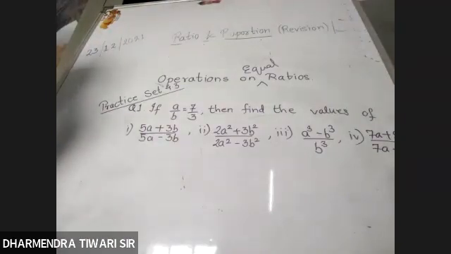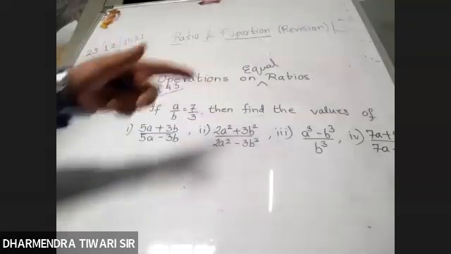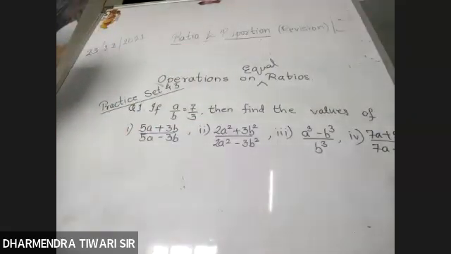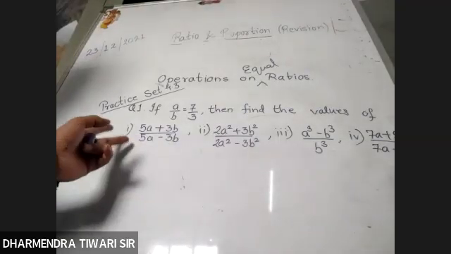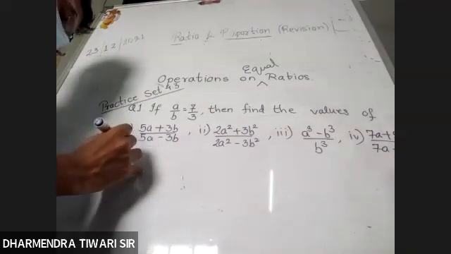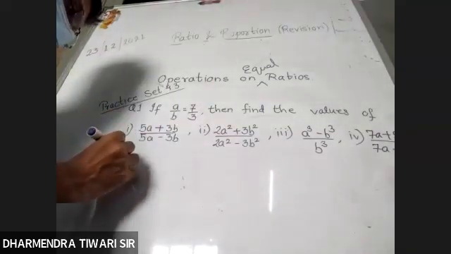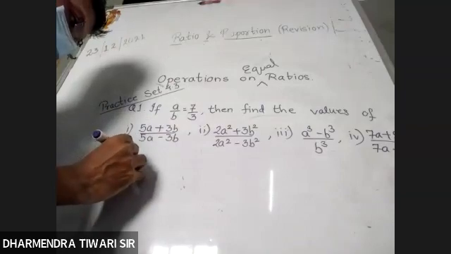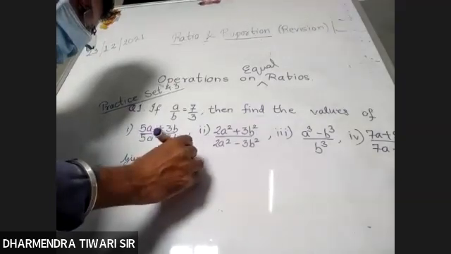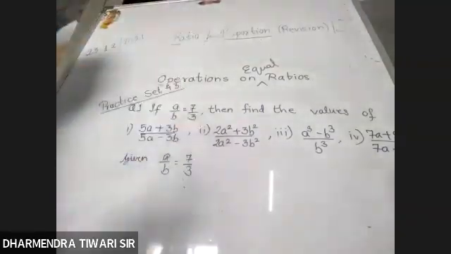So let's start with the first part. The first and fourth are almost the same, so I'll be solving only one for you. The fourth sub-question is homework, and the first, second, and third I will solve for you. As given, a by b is equal to 7 by 3.